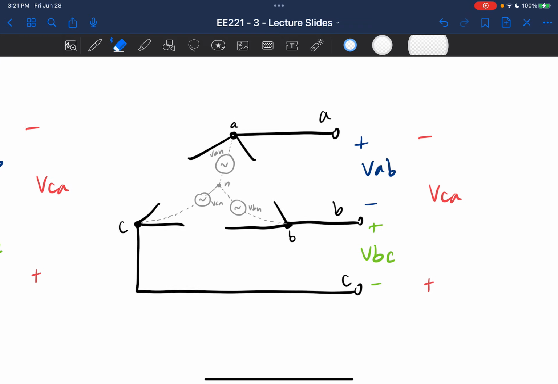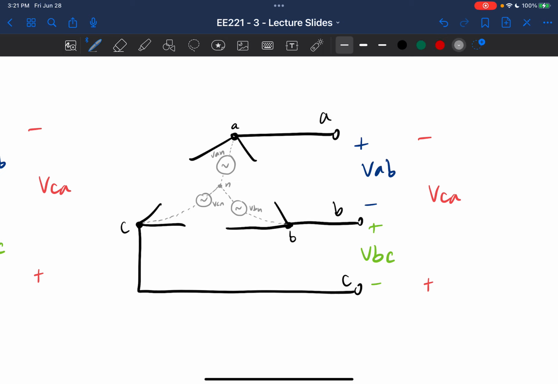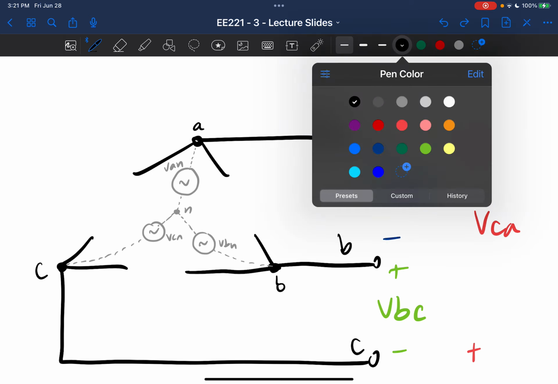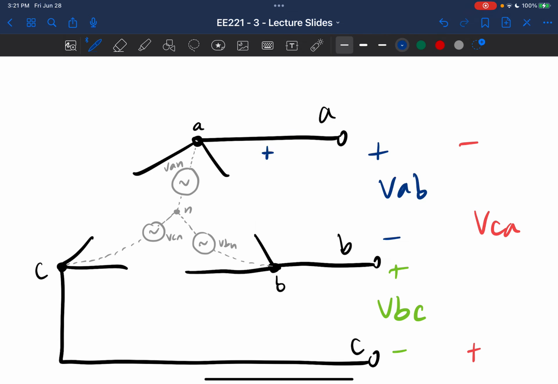Well, I'm left with my original Y connected source, but I'm measuring the voltage difference from VA to VB instead of from VA to V neutral. I'm taking this voltage here, which is VA, and this voltage here, which is VB, and we already proved that VA to neutral minus VB to neutral was equal to VA minus VB, which we know is just VAB. And the same goes for VBC and VCA.